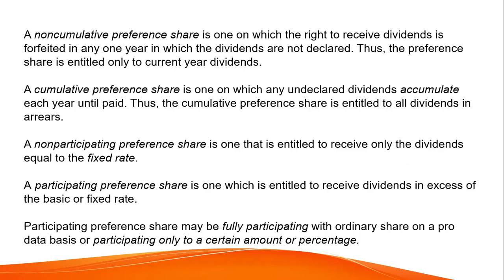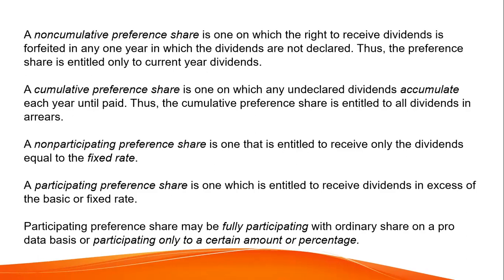Thus, the preference share is entitled only to current year dividends. So that is non-cumulative, meaning if there is no declaration in one year, then the dividends will no longer accumulate.